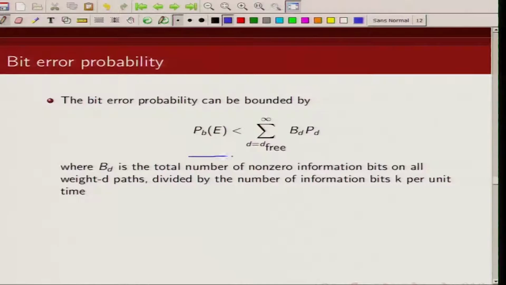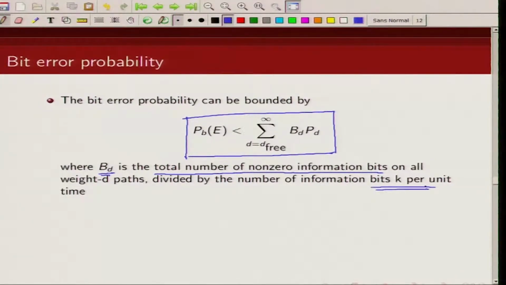So, bit error rate probability can be computed from this first event error probability. This is given by this expression, where BD is the total number of non-zero information bits on all these weight D incorrect paths, divided by k information bits per unit time.